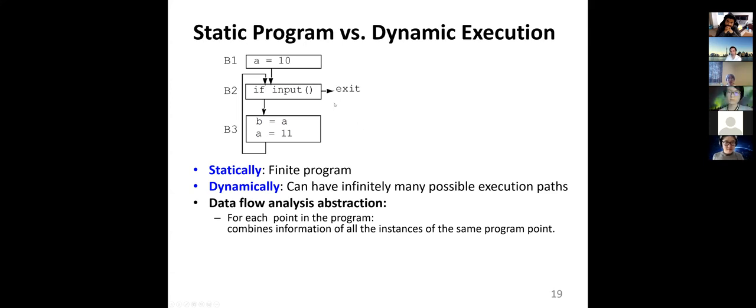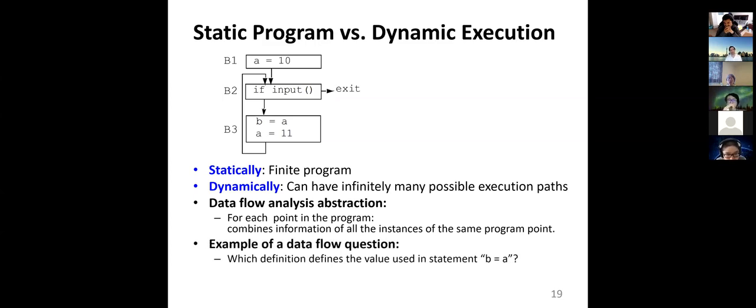If we cannot prove that a branch is always taken, or that we never go through this path, then we have to assume it's possible. So the data flow analysis abstraction is already conservative. That's what I want from the design point, because absolutely precise dynamic information is usually infeasible. It's too complicated.